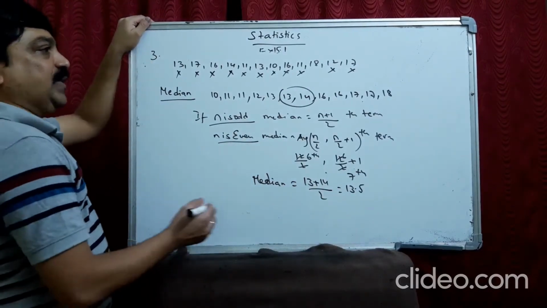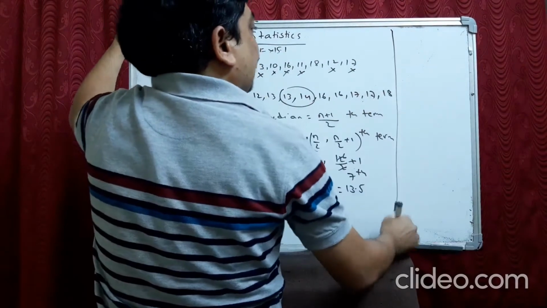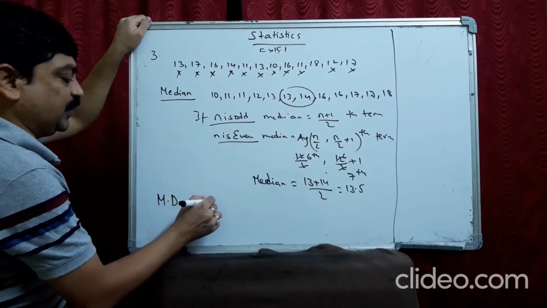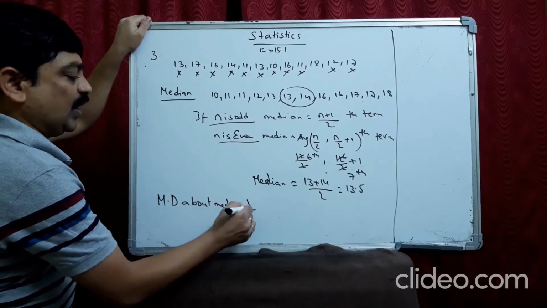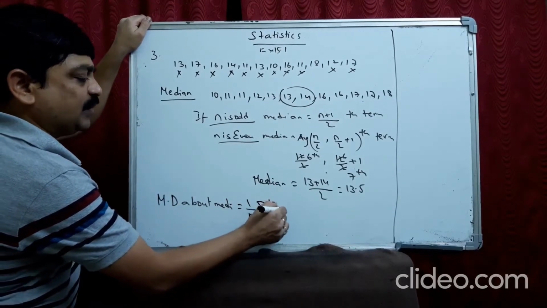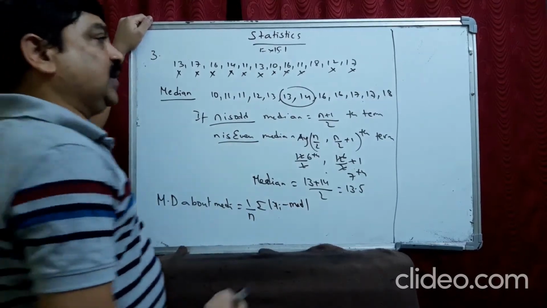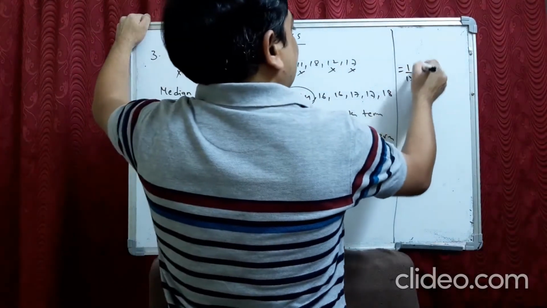Now, what is mean deviation about median? Mean deviation about median is equal to 1 by n sigma mod xi minus median, and it should be in modulus. Here 1 by n is 1 by 12.